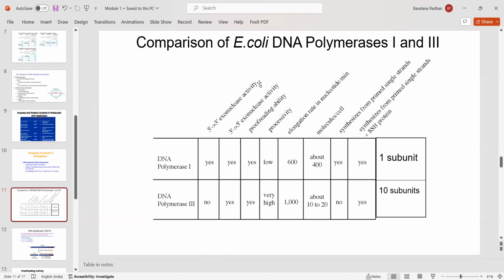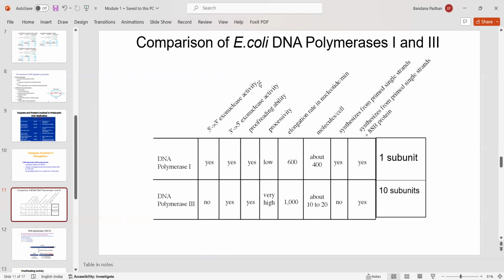Whereas 3' to 5' exonuclease activity means it can also remove a single nucleotide mismatch from the sequence. These exonuclease activities also give proofreading ability.